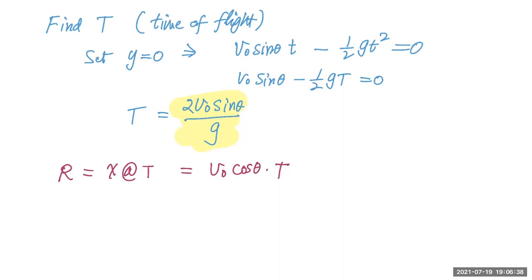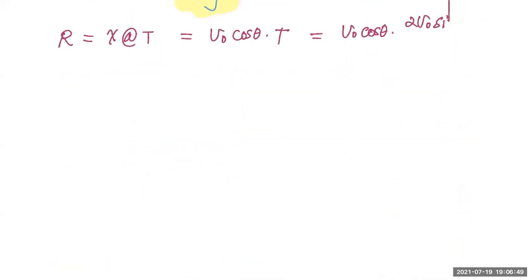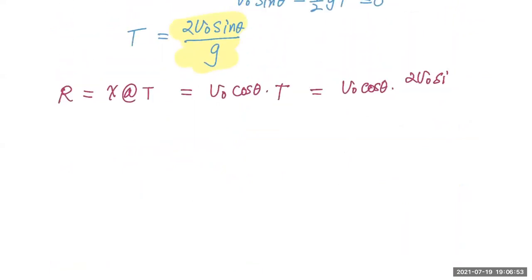Okay, now big T, I copy the big T value, and that is v naught cosine theta times 2 v naught sine theta over g. I can easily combine them.